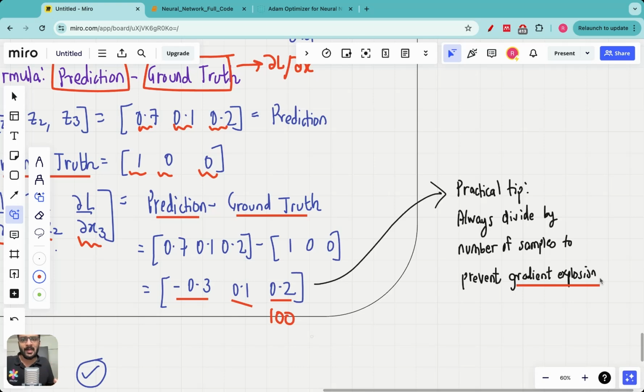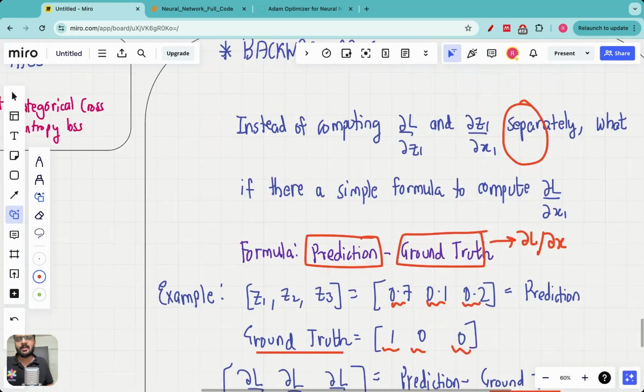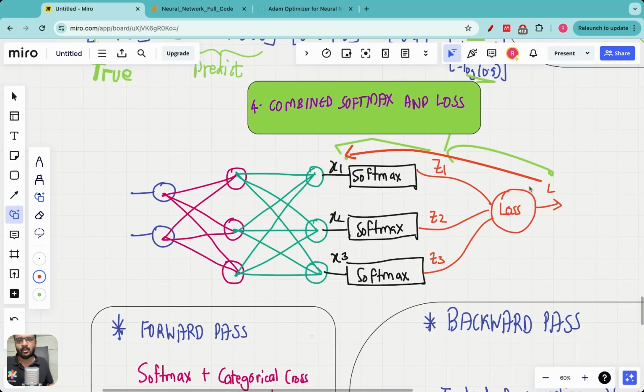We want to avoid this, and that's the reason why we always divide these partial derivatives by the number of samples or the number of data batches. So this is how we find the partial derivative of loss with respect to the softmax and loss input. This is called combined softmax and loss.